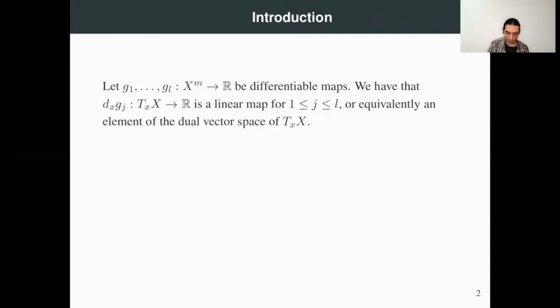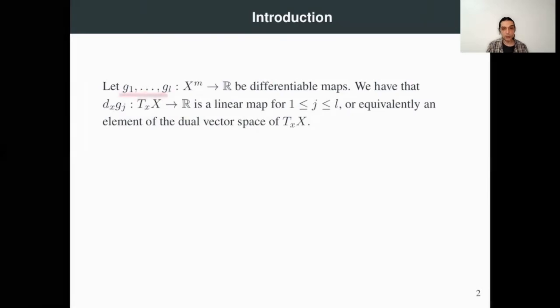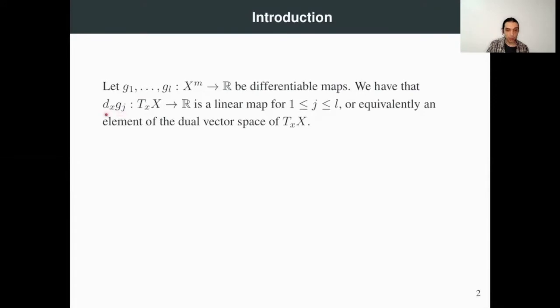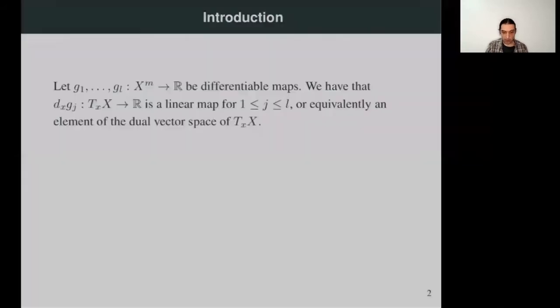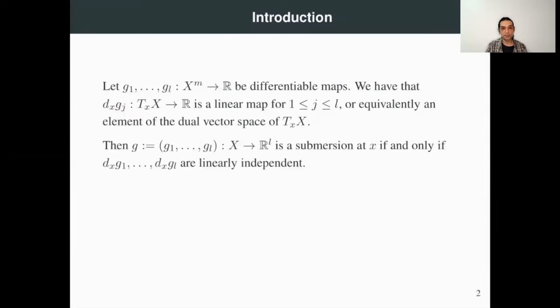Consider L differentiable maps, G1, G2, ..., GL, from a differentiable manifold X to R. The differential of every single one of them at the point X is a linear map from the tangent space of the manifold at the point X to R. Or if you prefer, it's an element of the dual vector space of the tangent space of the manifold at X. What happens is that the map G, whose components are the Gj, is a submersion at X if and only if these differentials are linearly independent.